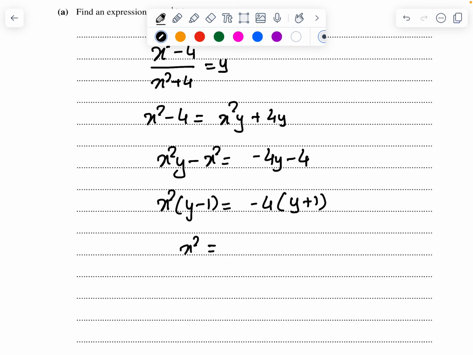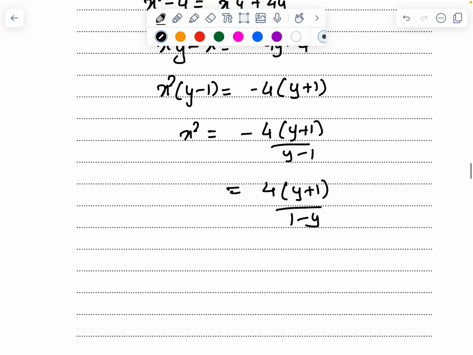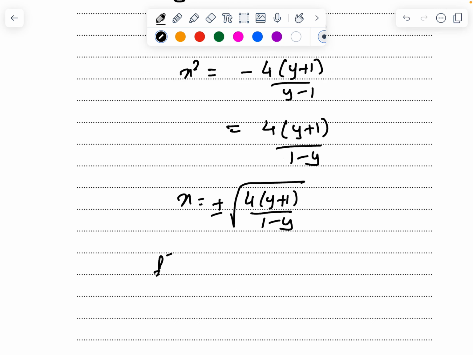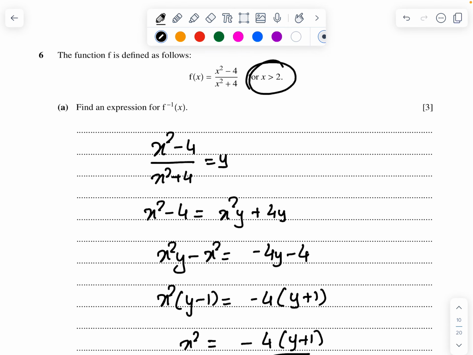So x² equals −4(y + 1)/(y − 1). Because of the minus, it becomes (1 + y)/(1 − y) times 4. So x equals ± the square root of 4(y + 1)/(1 − y). Therefore, f inverse of x equals only the plus. I don't consider minus because x is greater than 2.